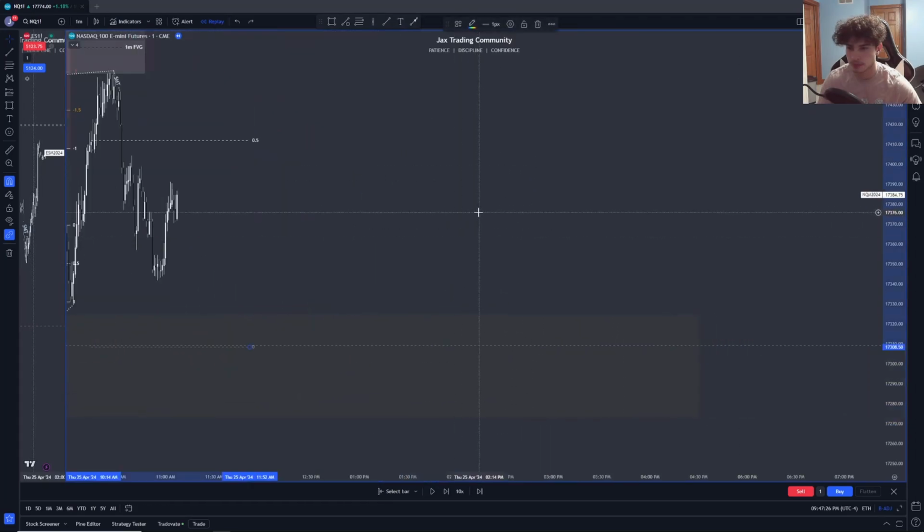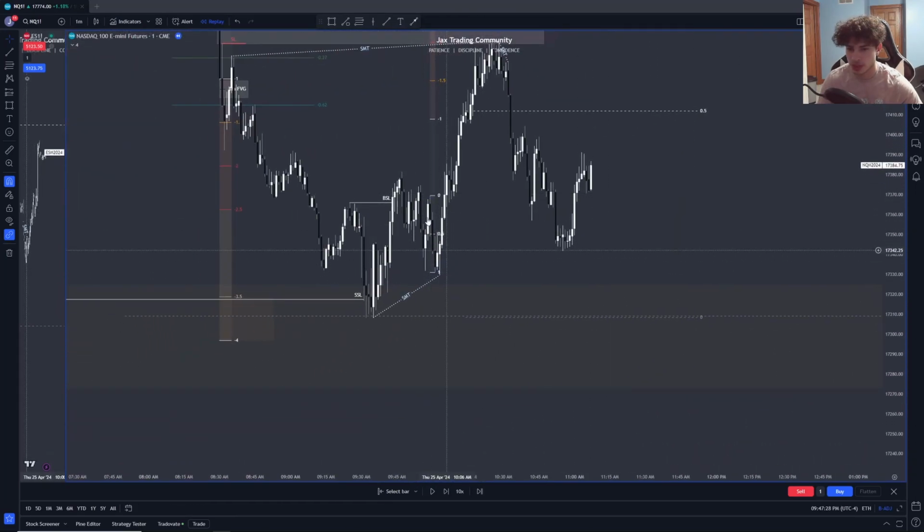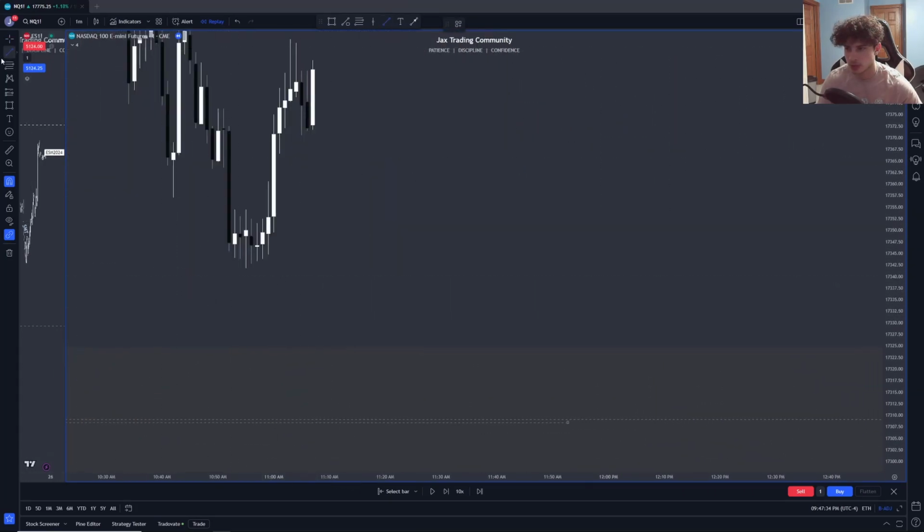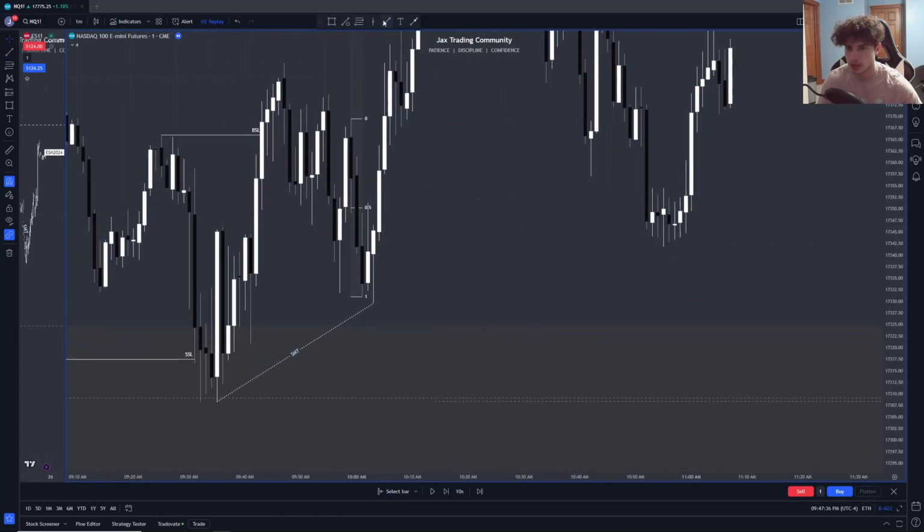But anyways, protected low right here. Anytime we have a manipulation leg, and especially since we had a little internal manipulation right here, this is going to be your protected low.